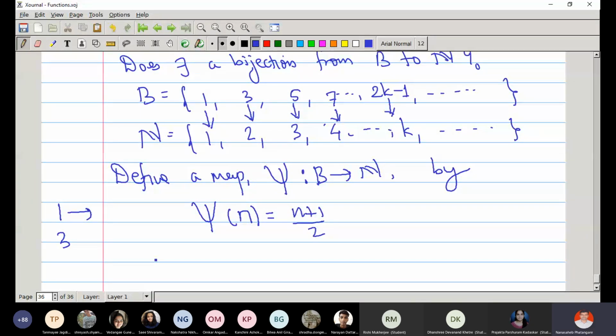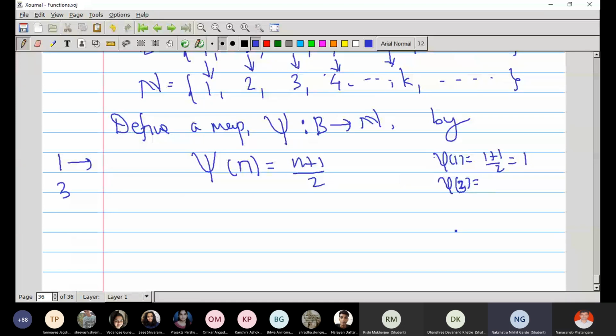For example, under this map, where will 1 go? What is psi of 1? 1 plus 1 by 2, which is 1. Psi of 2? 3. Where will 3 go? 2. Where will 2k minus 1 go?